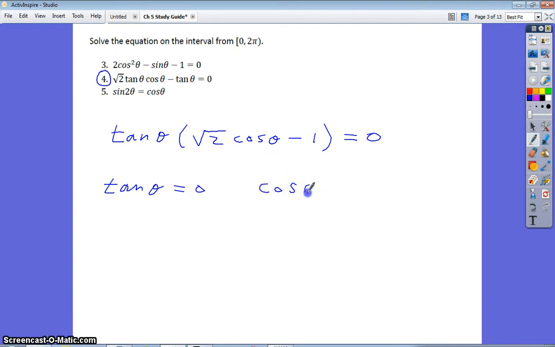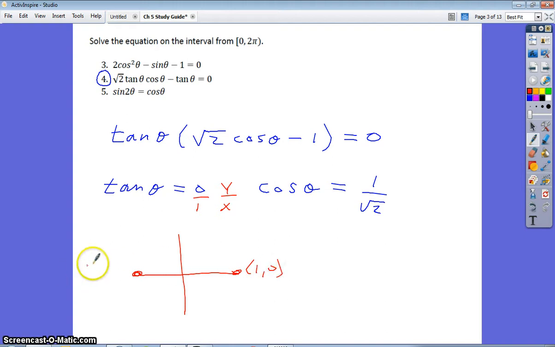That's going to end up giving us a cosine of theta equals 1 over root 2. So we've got to figure out what angle is going to give us a 0 for our tangent, and we have y over x for tangent. Where do we have a y value that's equal to 0? 2 spots, at this position here and at this position here, which means that theta is equal to 0 and pi. Notice I'm not including 2 pi.